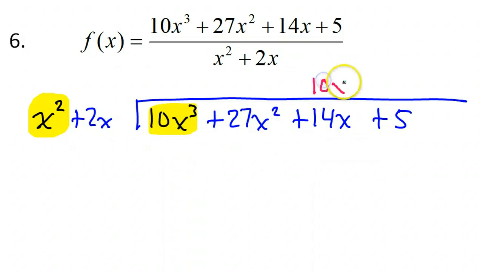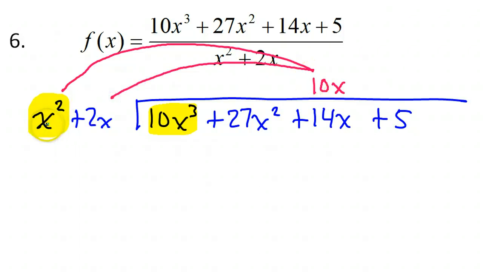So notice how I line up my like terms. I put my 10x in the x column, and once I have that 10x, I do the distributive property with it. 10x times x squared, of course, is 10x to the third power, just like we wanted. 10x times 2x is 20x squared.